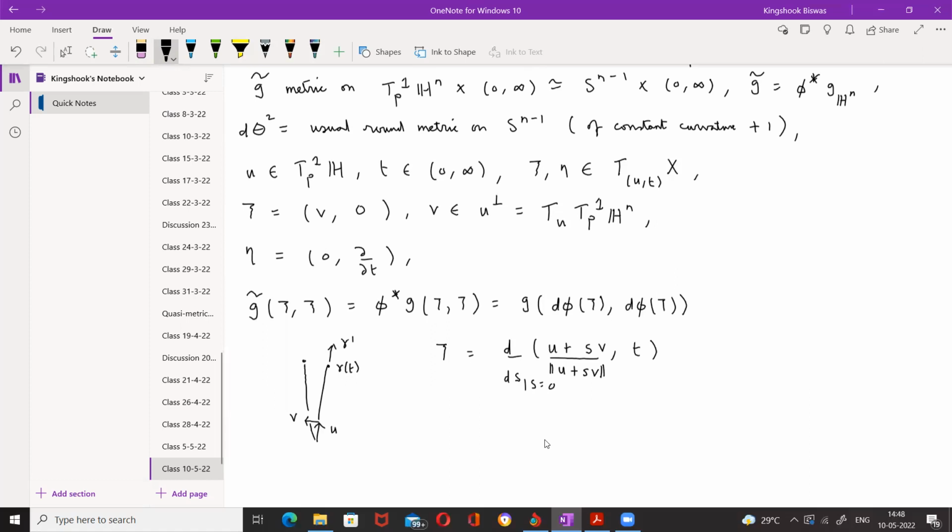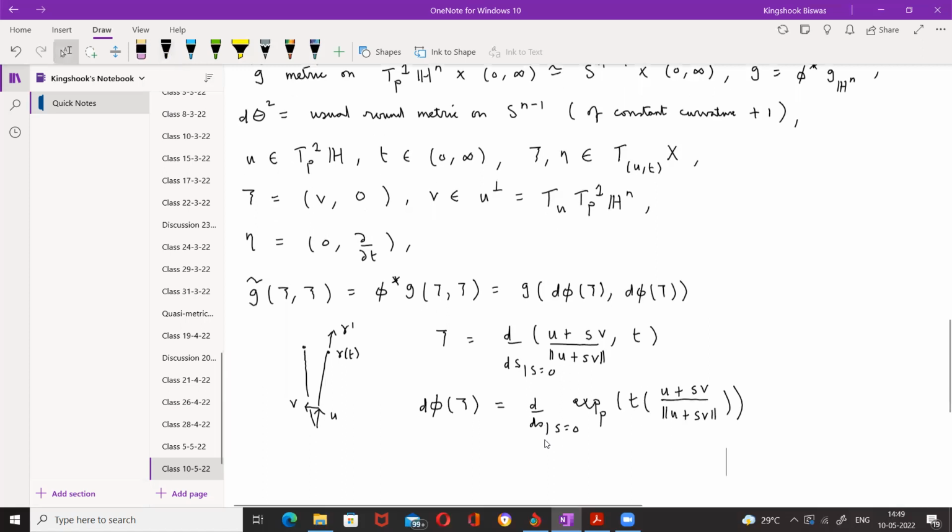So therefore, d phi xi will be dds at s equal to 0 of exp p of t times u plus s v over norm u plus sv. Is this okay? So what is this?